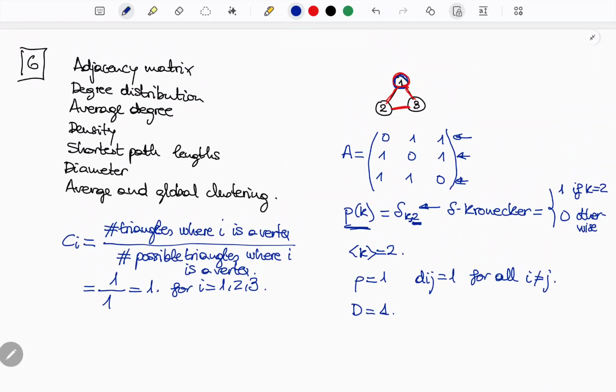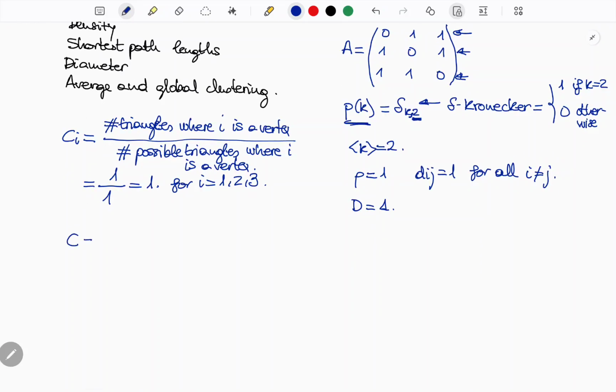And for the global clustering, remember that we have 3 times the number of triangles divided by the number of triplets. The number of triplets is given by the degree of each node.